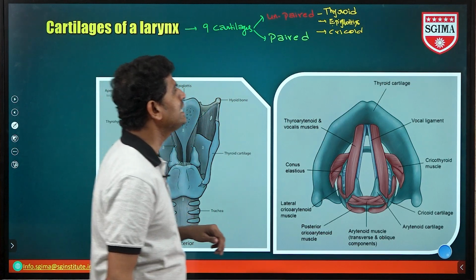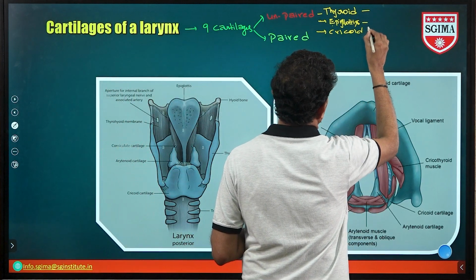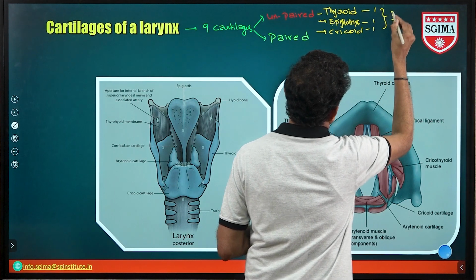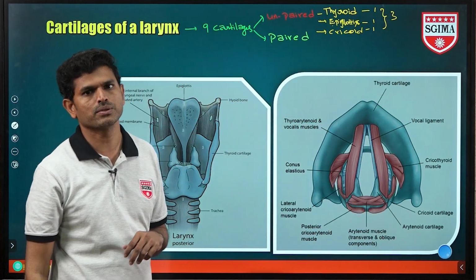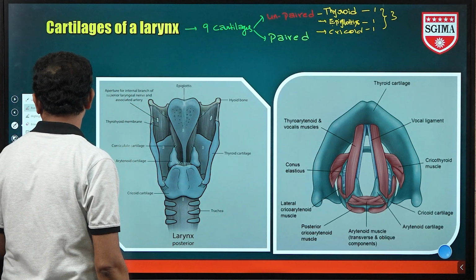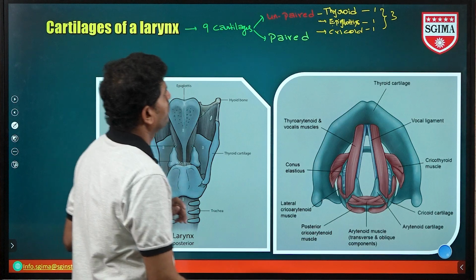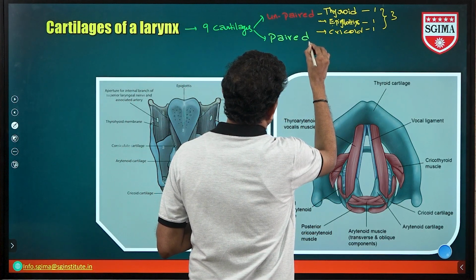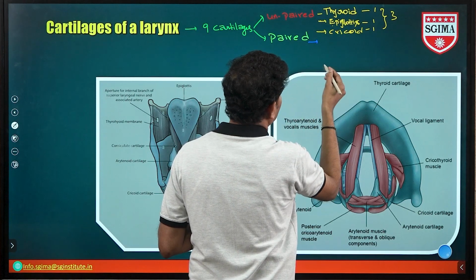So these three cartilages are unpaired, बोले तो single in number. Totally 3 types, number also 3. Next one is paired cartilages. Paired cartilages are 3 types and the number is 6.